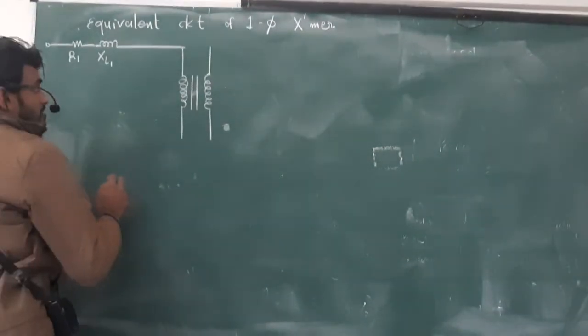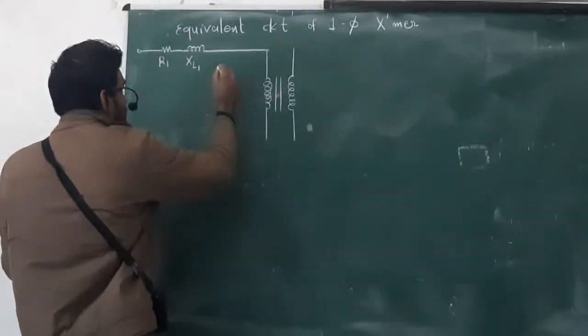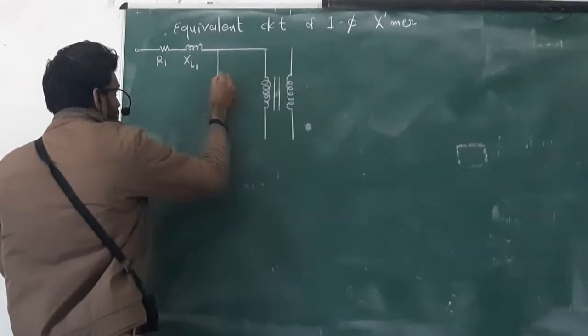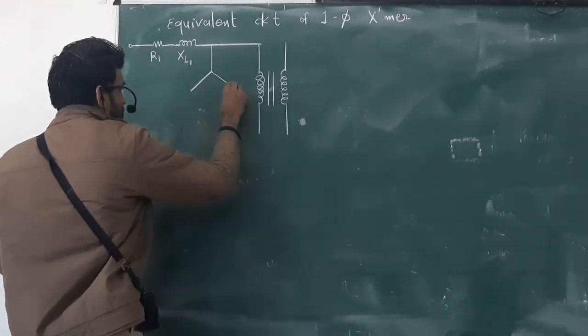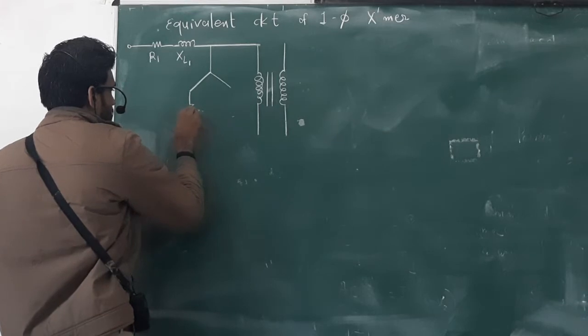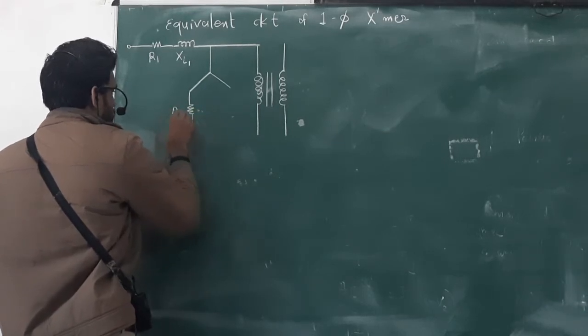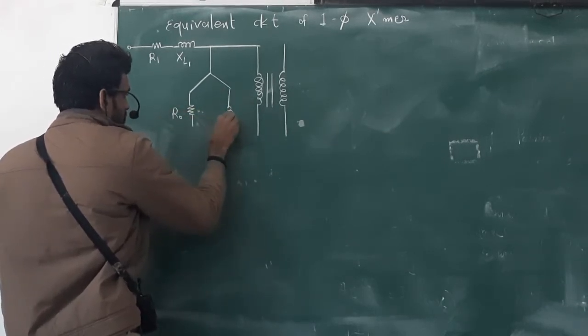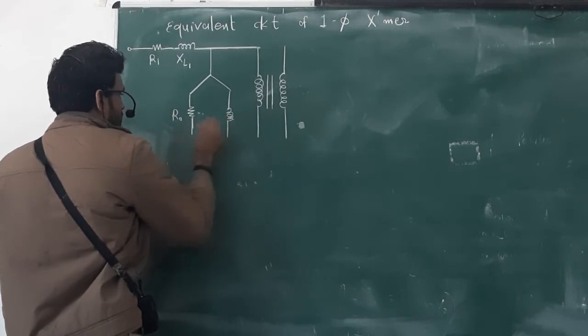Then we also derive magnetizing component. So that was here parallelly, R0 and XL0.